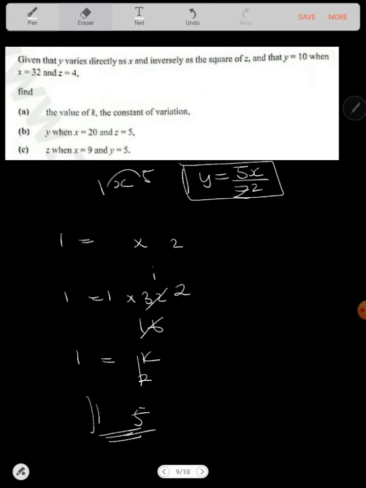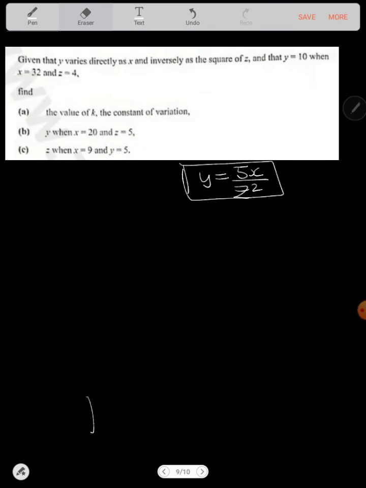Let's answer B, which says find the value of y when x is equal to 20 and z is equal to 5. So we're going to use this equation.